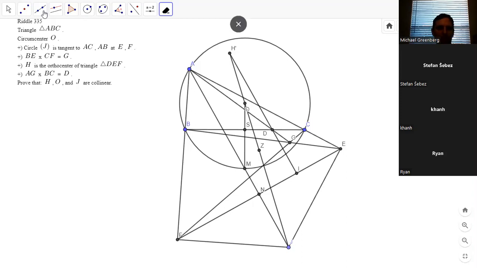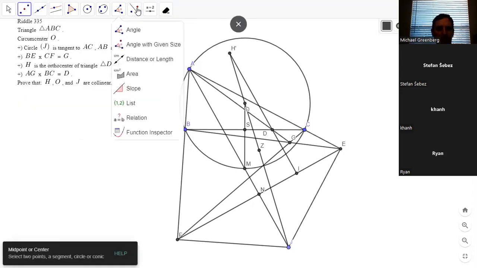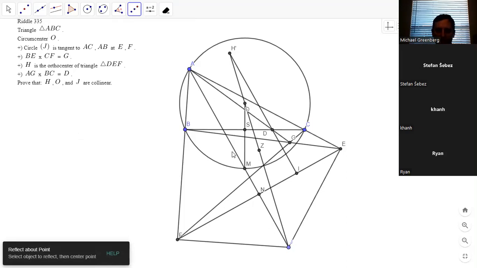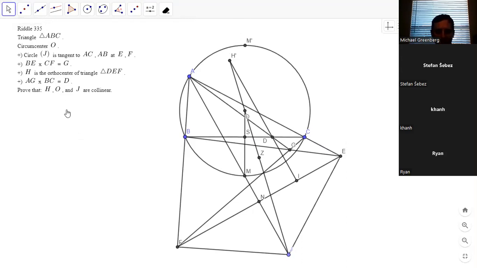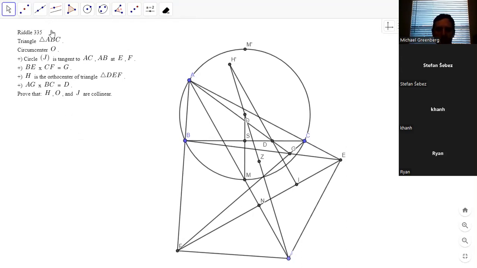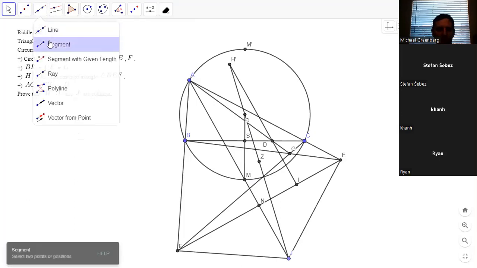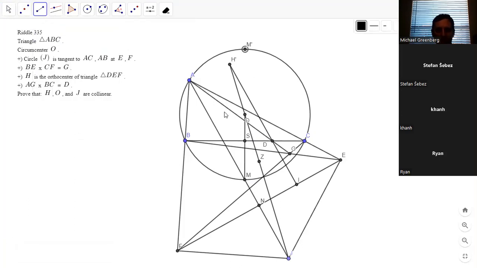So it's probably worth, I don't know why I haven't done this, but AFJE is going to be similar to AM prime BMC. And we want to show H prime N. So N and S are corresponding points.